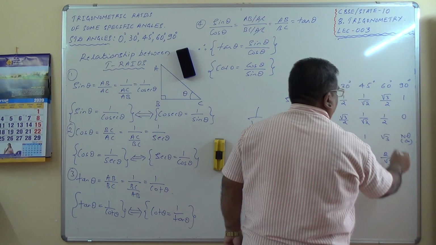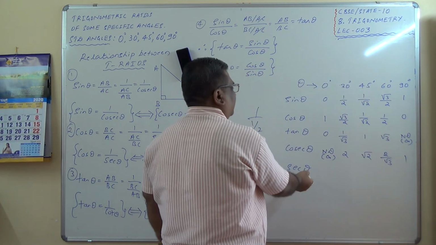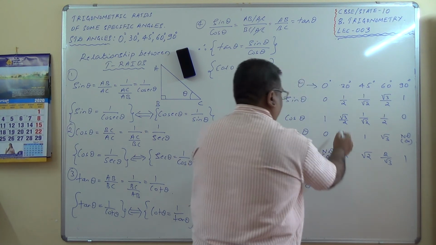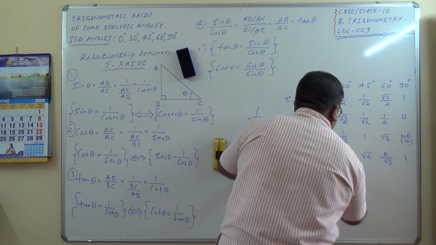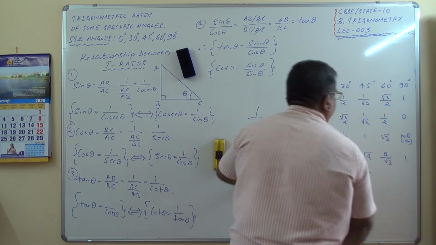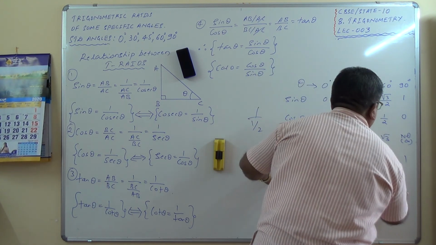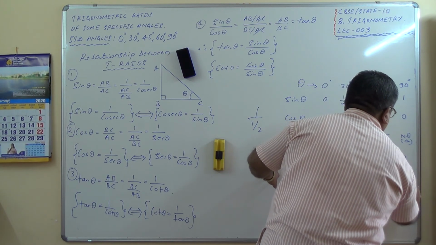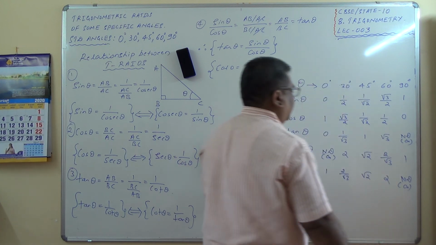Take the reciprocal, 1. Sec is the reciprocal of cos: 1, 2 by root 3, root 2, 2, and 1 over 0, not defined, or it is infinity.